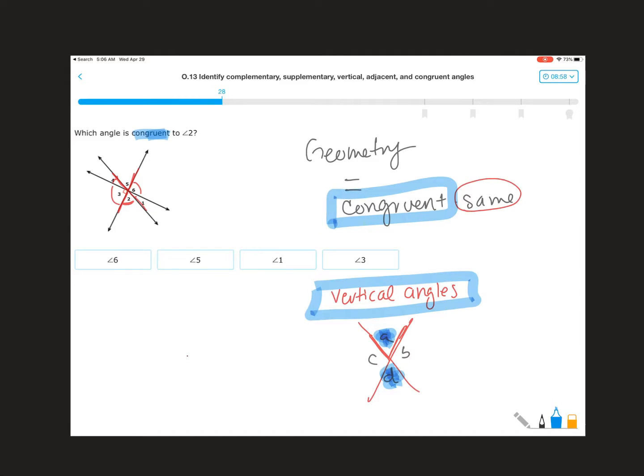Okay, so A and D are congruent because they're vertical angles. C and B are congruent because they're vertical angles. So let's go back to our problem here. If they're asking us what angle is congruent to angle 2, well, angle 5 is opposite, so it's congruent.